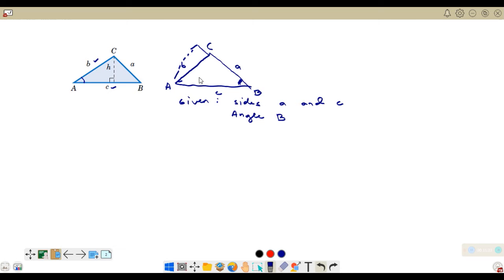Kakailanganin mo si B. So, hindi natin pwedeng gamitin si A pan-drawing ng altitude from the vertex to the opposite side. So, ang option lang natin ay mag-drawing ulit ng altitude from C.